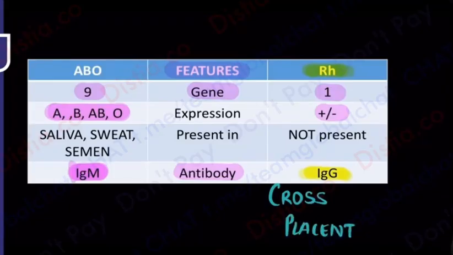So if the mother by chance is RH negative and the baby is RH positive, or the opposite scenario, an RH incompatibility can create an issue. RH incompatibility in pregnancy does create an issue, because these are IgG antibodies that can cross the placenta and cause problems to the mother and the child. So remember, this is what you had to know regarding their antibodies.